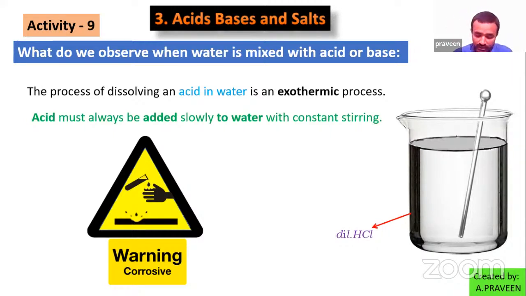To avoid any injuries or effects from mixing, the technique we always follow is that acid must be added to the water slowly with constant stirring. That we learned in the previous activity.